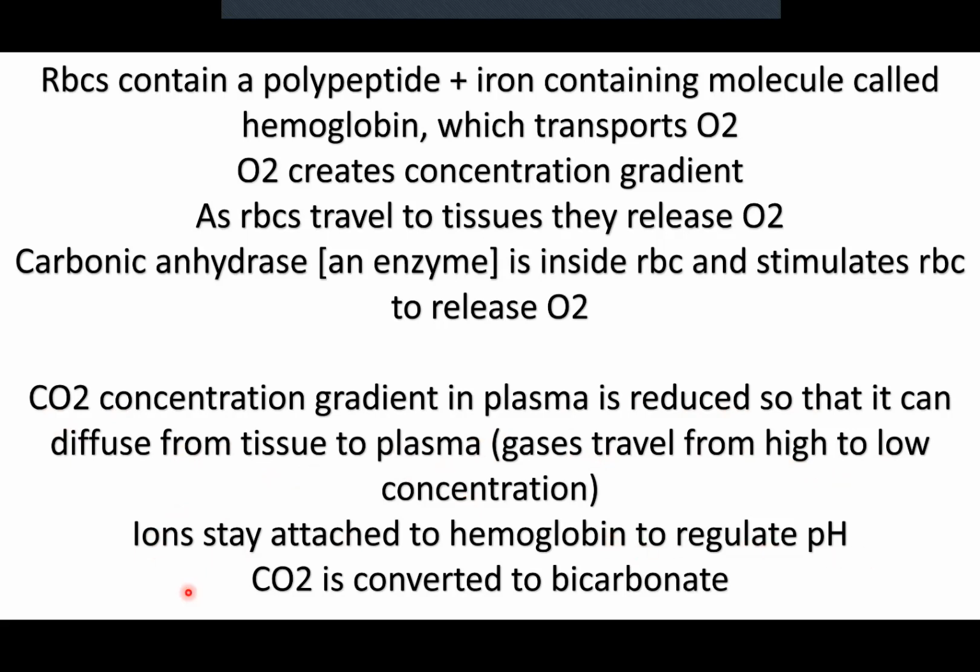And if you've talked about pH in chemistry, you'll understand that these ions determine the pH of a liquid, of a substance, and it's certainly important to regulate the pH in mammals for homeostasis. And then carbon dioxide can be converted to bicarbonate. The bicarbonate ion can act as a buffer for pH in the blood.